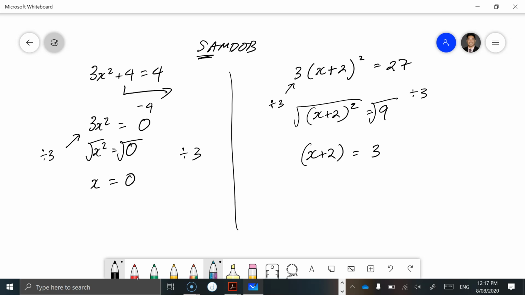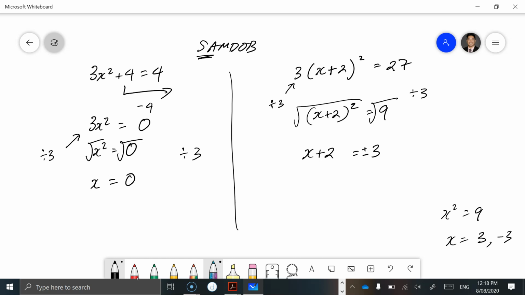Now remember, with the other question, we had x squared is equal to 9, x is equal to 3 and negative 3, okay, both values. We're going to have the same thing here. So we have x plus 2 is equal to positive and negative 3. So we have, again, two solutions.